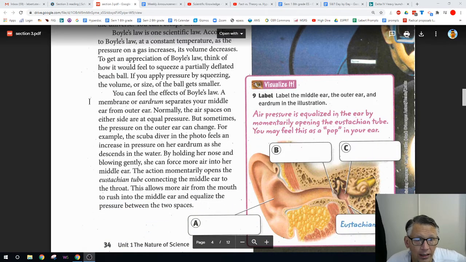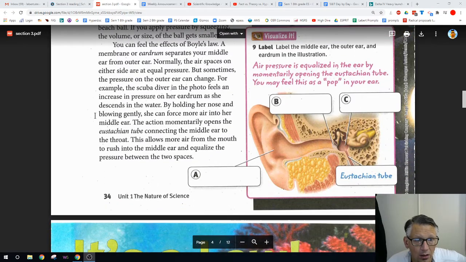A membrane, or eardrum, separates your middle ear from your outer ear. Normally, the air spaces on either side are at equal pressure, but sometimes the pressure on the outer ear can change. For example, a scuba diver in the photo feels an increased pressure on her eardrum as she descends in the water.